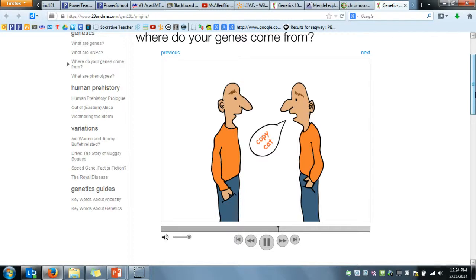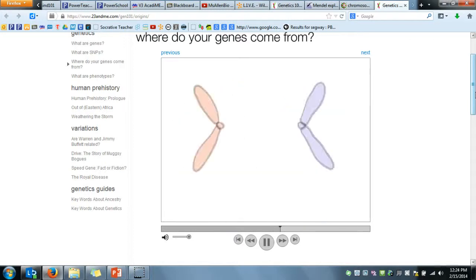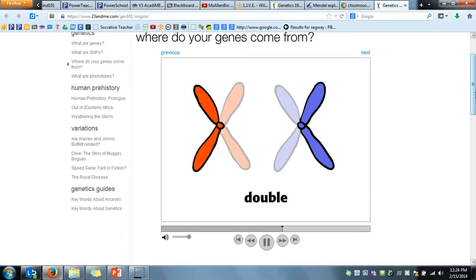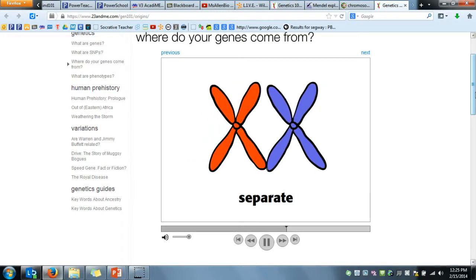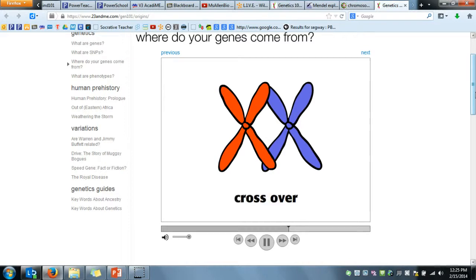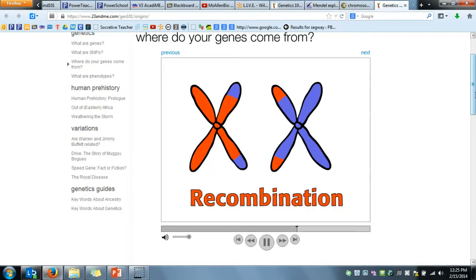To form sperm or egg cells, your chromosomes double, like so. When the homologous pairs separate, sometimes they cross over and, at seemingly random points, exchange DNA. This is called genetic recombination.